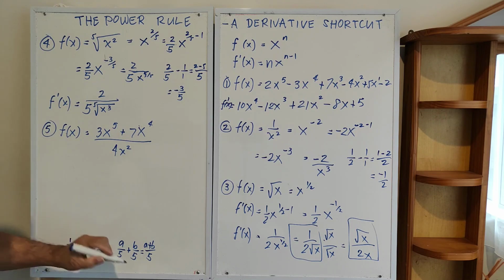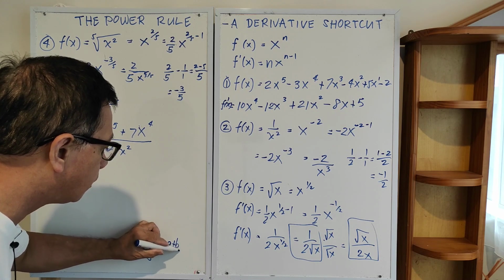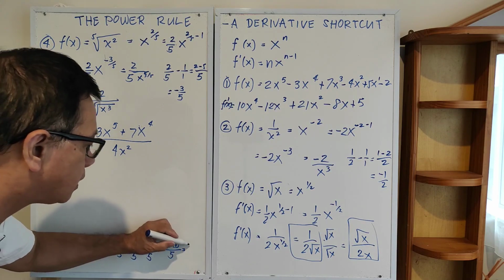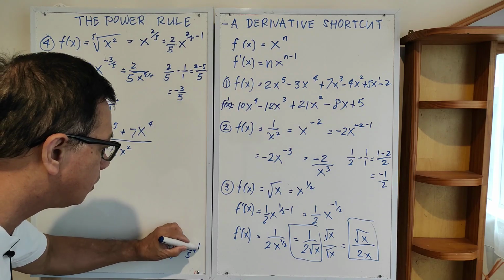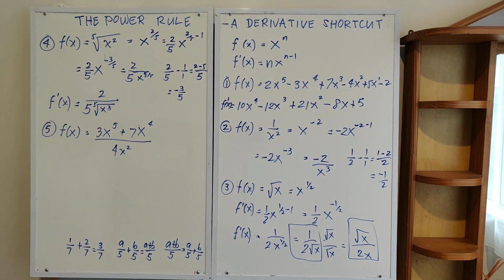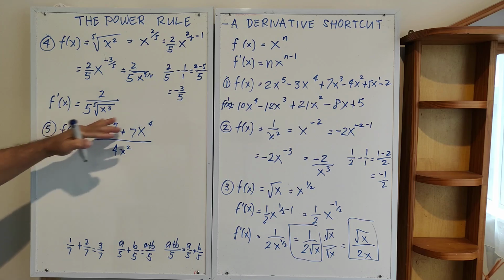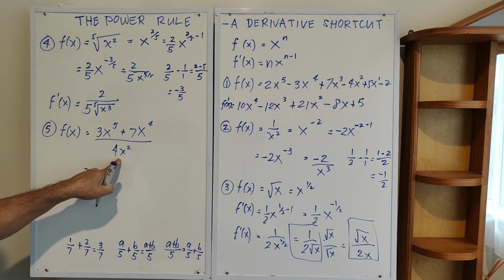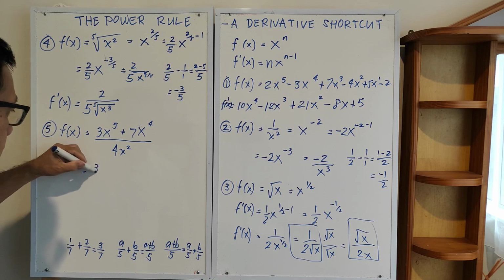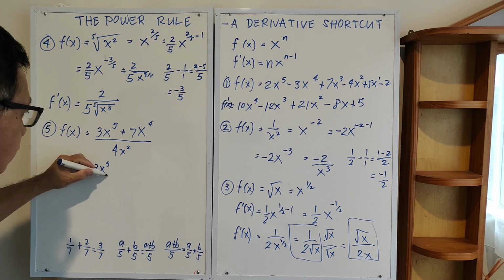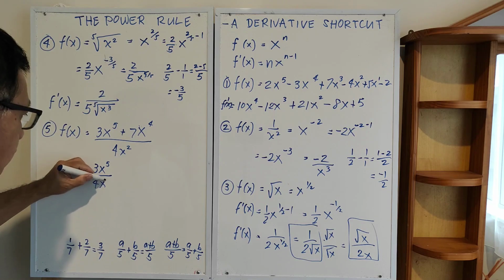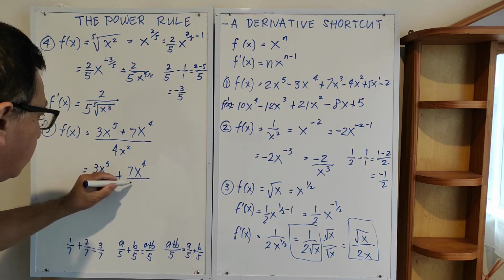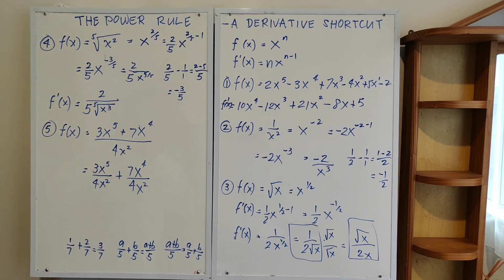So if you see a plus b over 5, you can separate it as a over 5 plus b over 5. Now we can do that in here. We can separate these two and copy the same denominator. So this becomes 3x to the 5th over 4x squared plus 7x to the fourth over 4x squared.